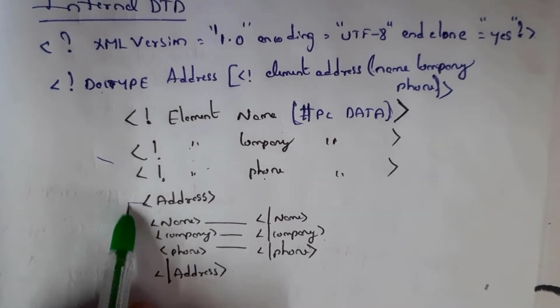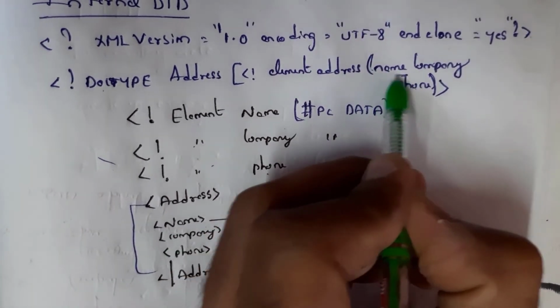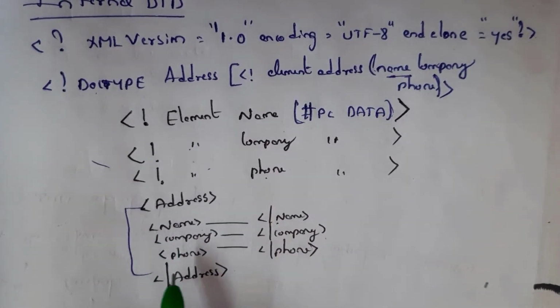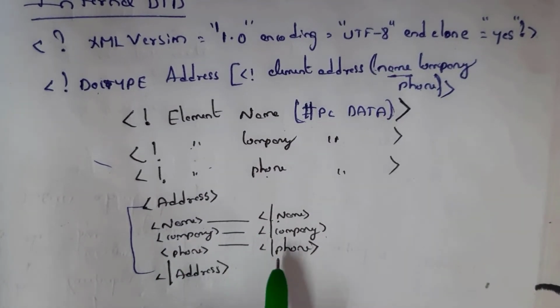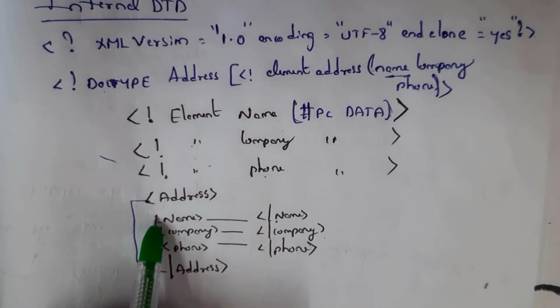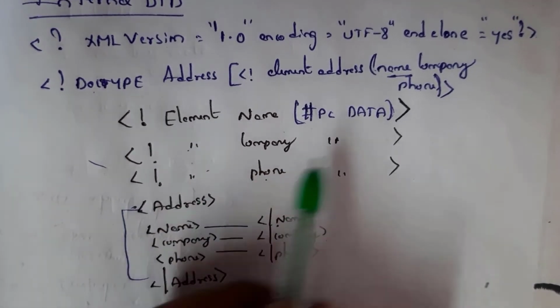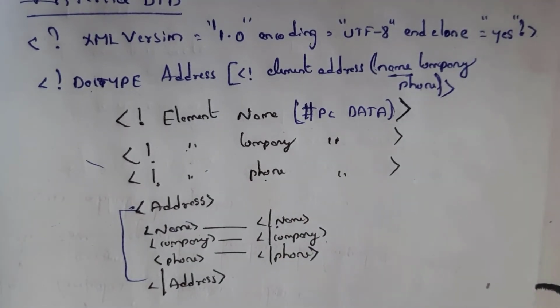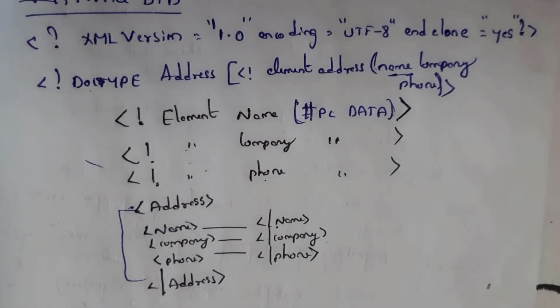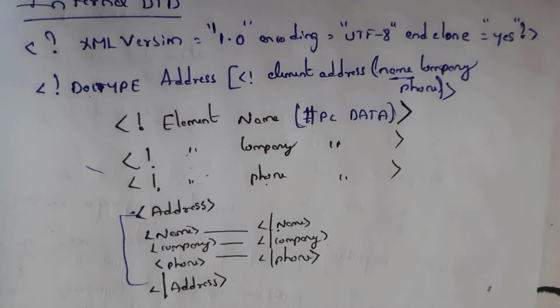Inside address there is name and company and phone number. For every open tag there is closed tag. This is small example of internal data type definition.